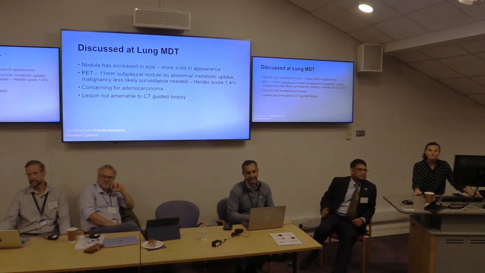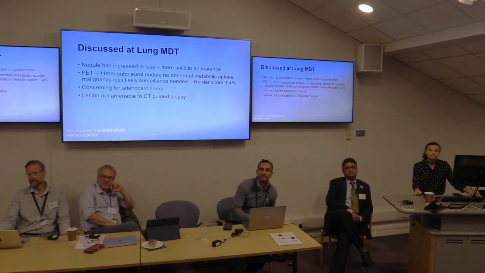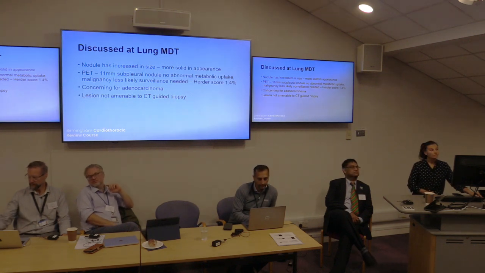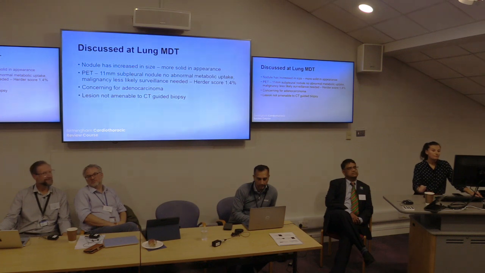Still, it was growing, it's more than 1 centimeter, and it might be a lipidic spectrum of adenocarcinoma, which doesn't normally show on PET. So discuss with the patient whether surveillance or a diagnosis will be necessary. So you want to talk about surveillance, right?